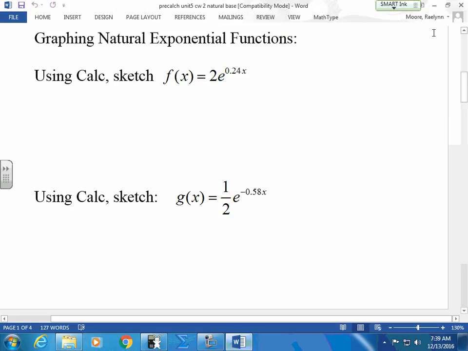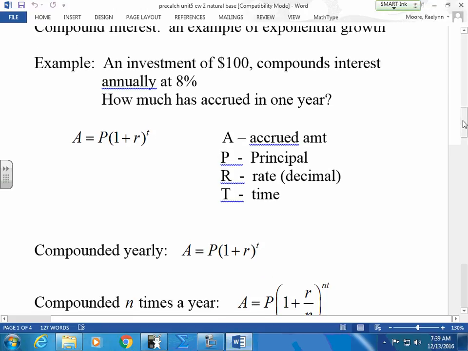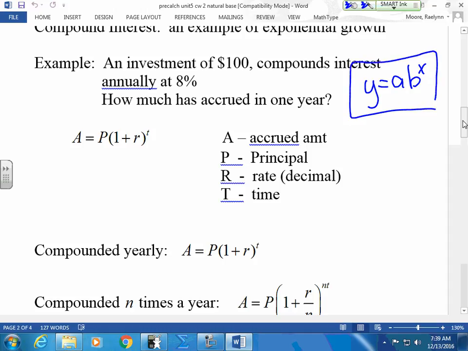Okay. Next is your favorite part, compounding. Now, before we start, write this down. This is the format that you're going to remember to use whenever we use an exponential growth or decay.